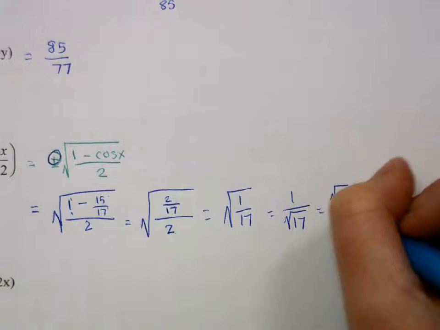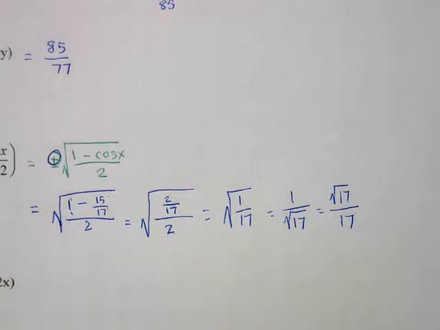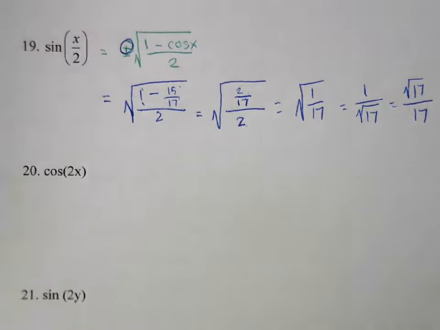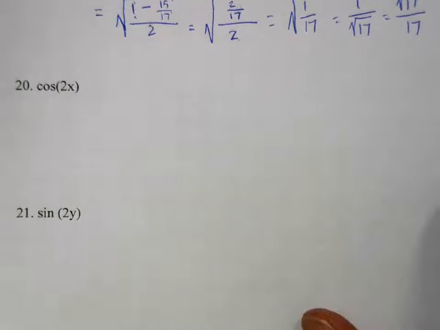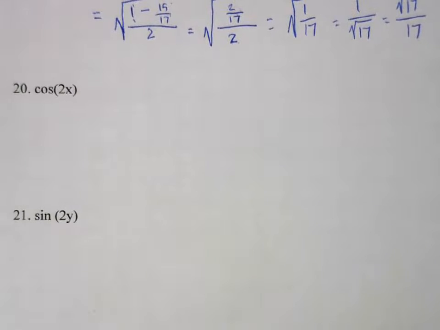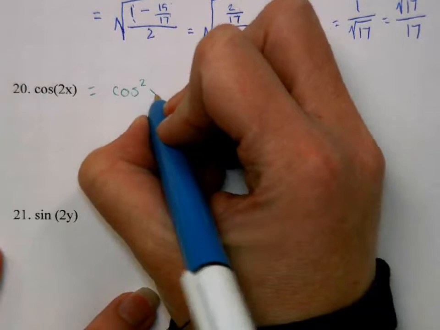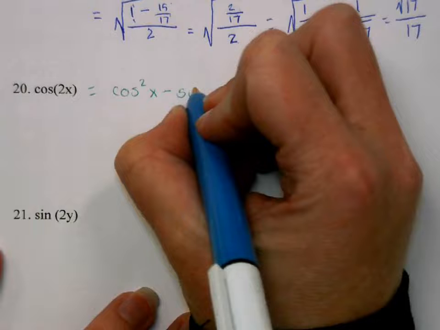Then we have the double angle identities. The double angle identity for cosine is cosine squared x minus sine squared x. And then replace.